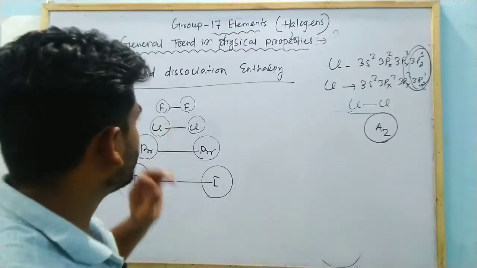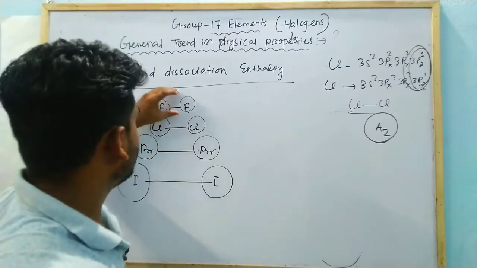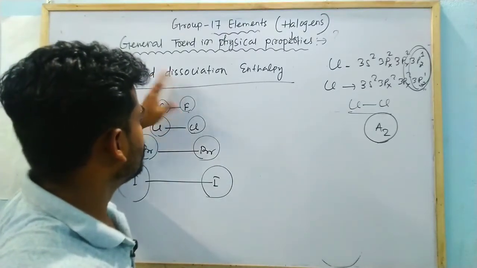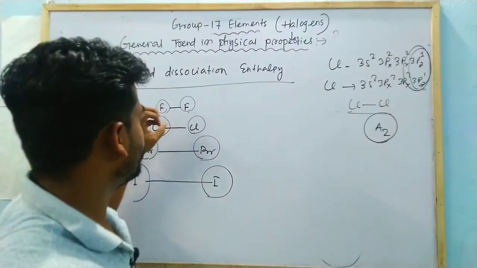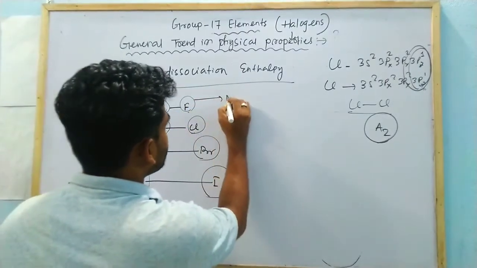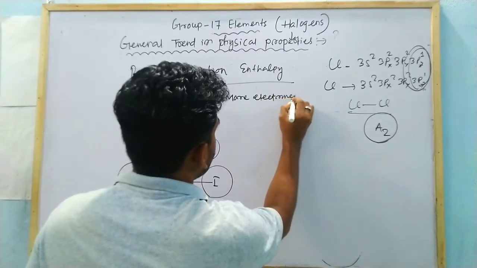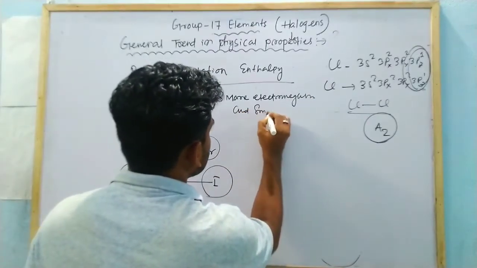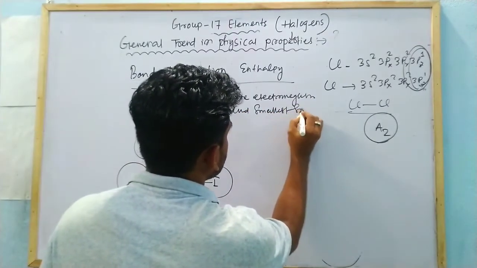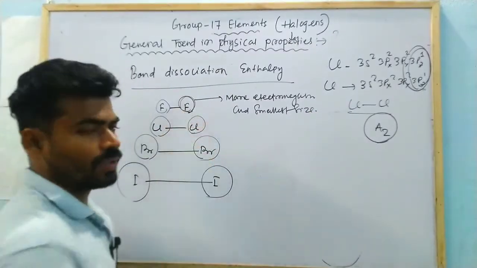You can expect that fluorine requires more energy for breaking this covalent bond because it is more electronegative and has the smallest size. That's why bond dissociation enthalpy should be more over here.